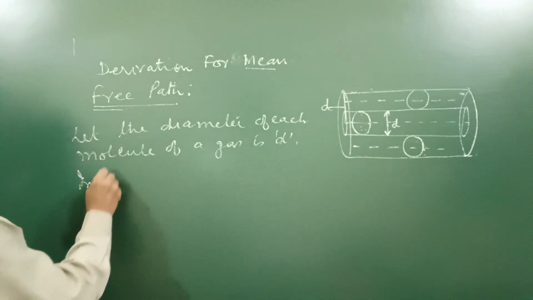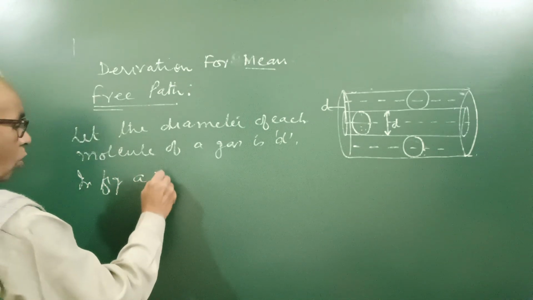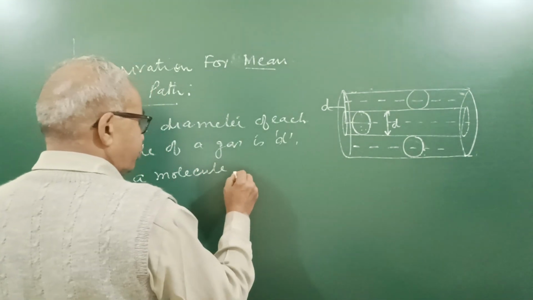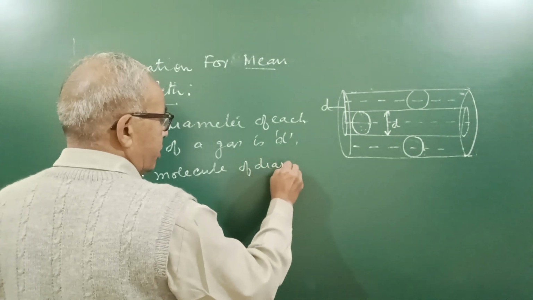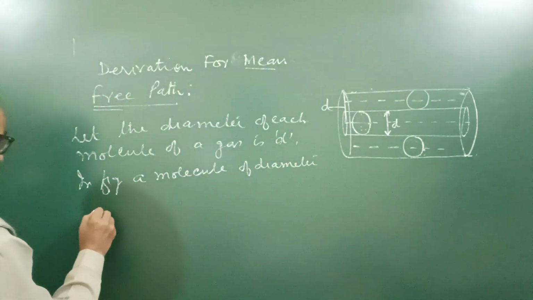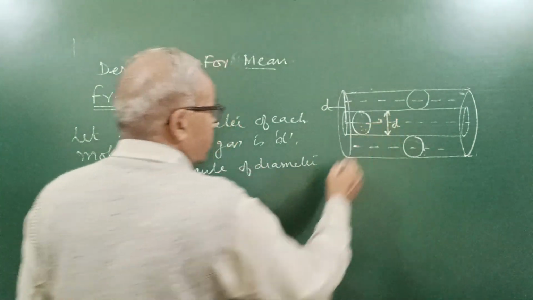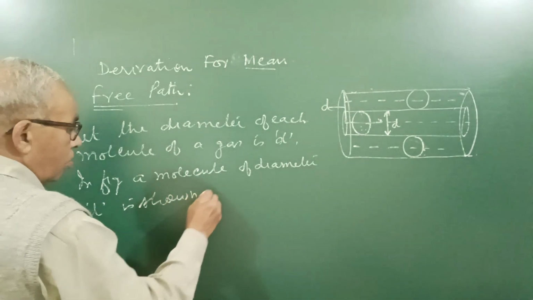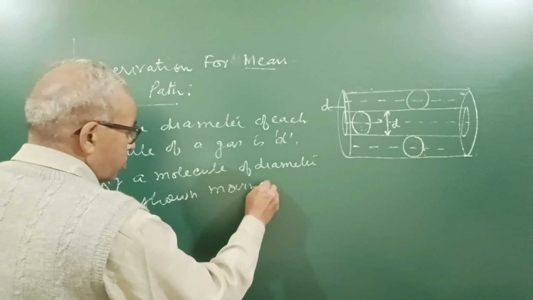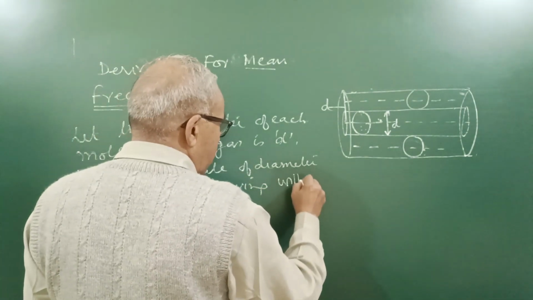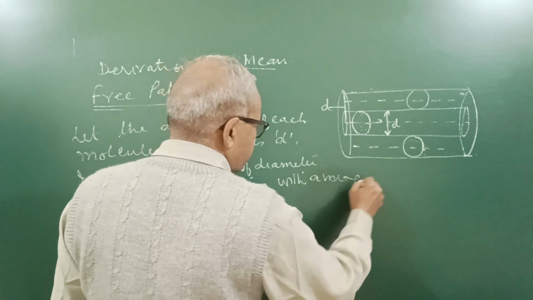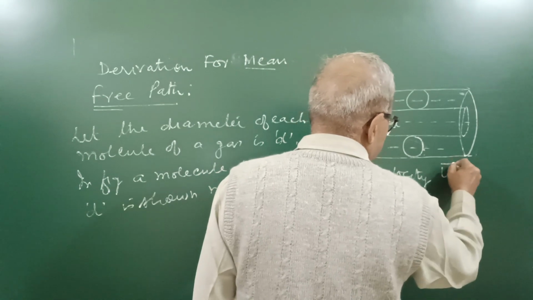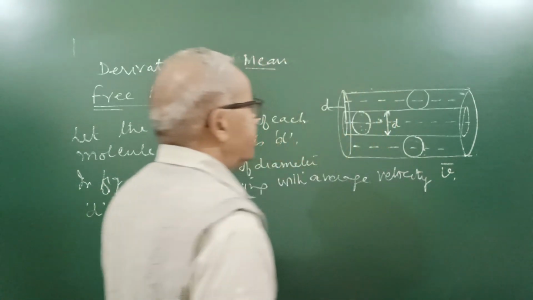In the figure, a molecule of diameter d, this one, is shown moving with average velocity, say v bar, average velocity v bar.